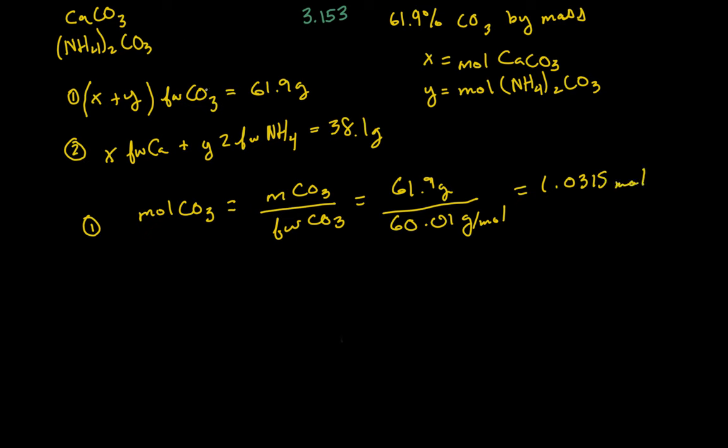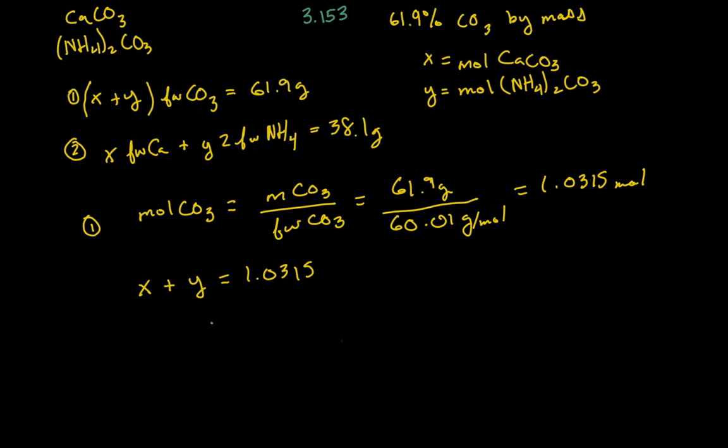So this means that this expression we can now write as X plus Y equals 1.0315, and this should look awfully similar to some of those ones that we've been dealing with already.